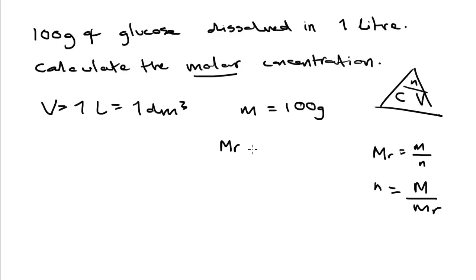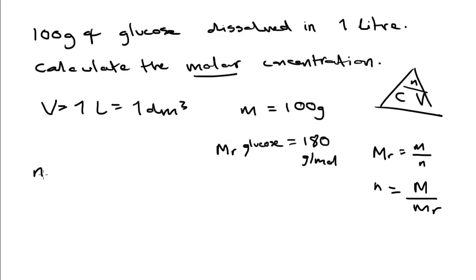Now the relative formula mass of glucose, which you should know how to do. Glucose is C6H12O6. In fact, you can do that in your own time. The Mr of glucose is 180 grams per mole. If you don't know how to do that, go back to the other video.